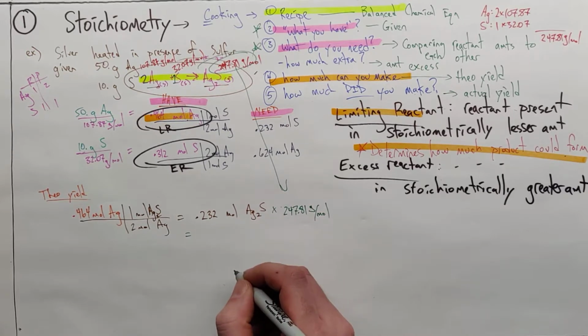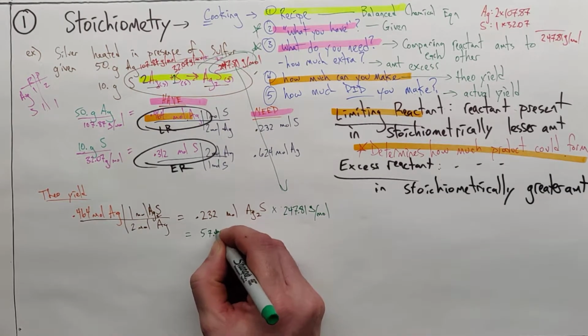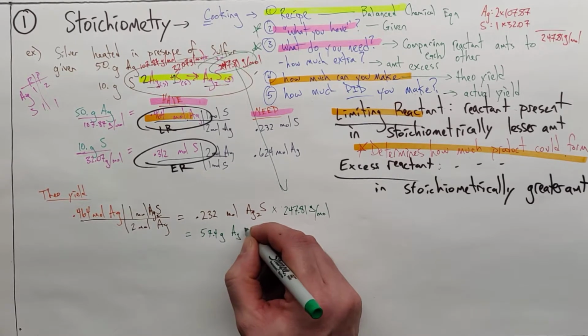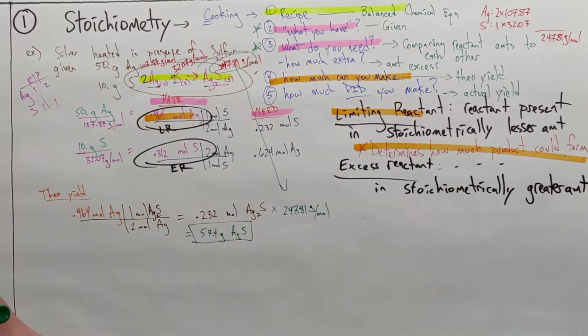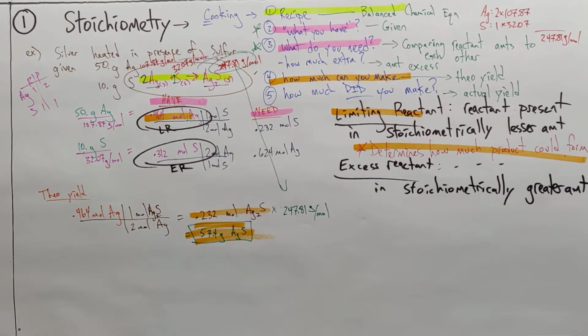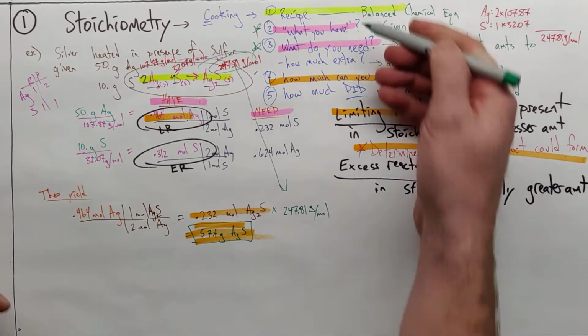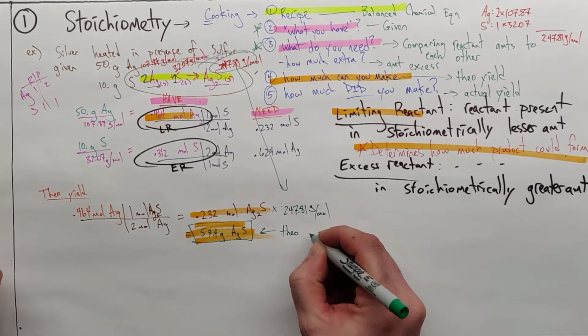That's 57.4 grams of silver sulfide. So that is our theoretical yield, how much we can make, either of those numbers there. Let's label that: how much can you make? This is our theoretical yield.